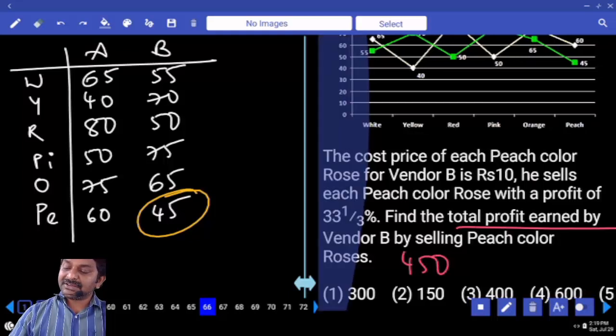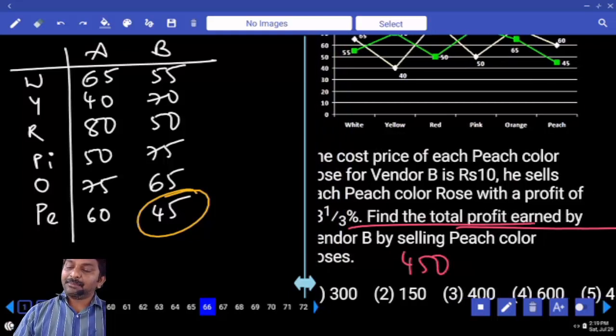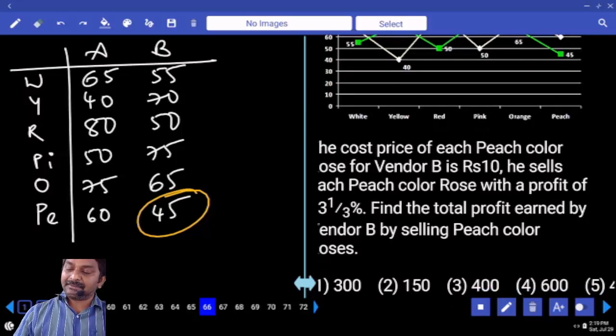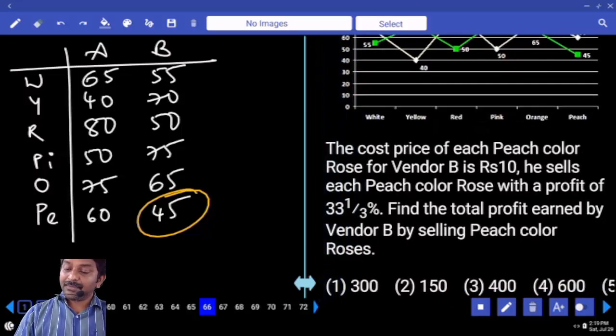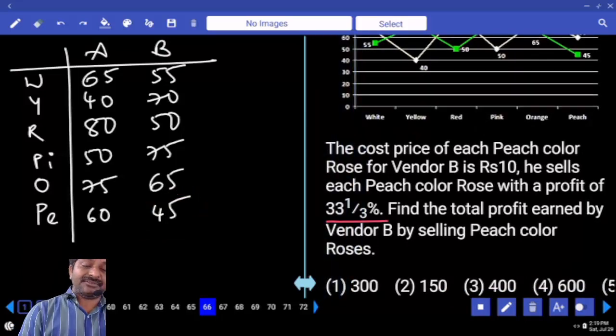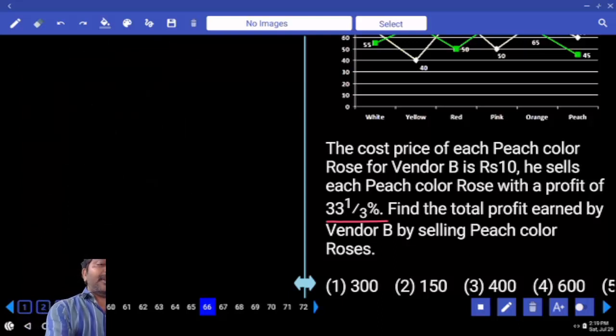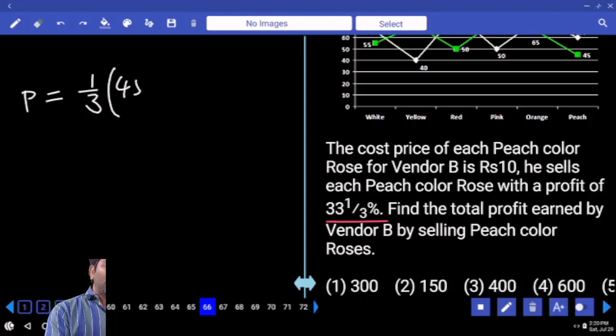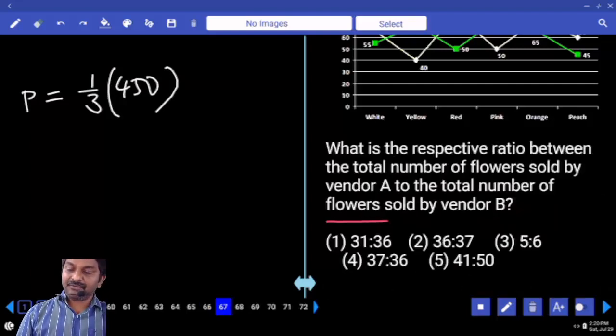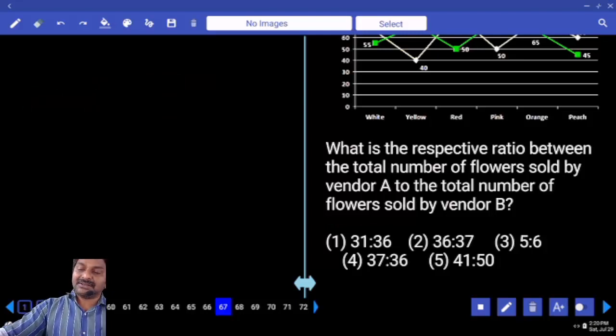And finally the question is about profit only. At what profit percentage he is selling the item? 33 1/3%, which is 1/3 only. Profit percentage should always be calculated on cost price, which is 450. So the answer is 150.